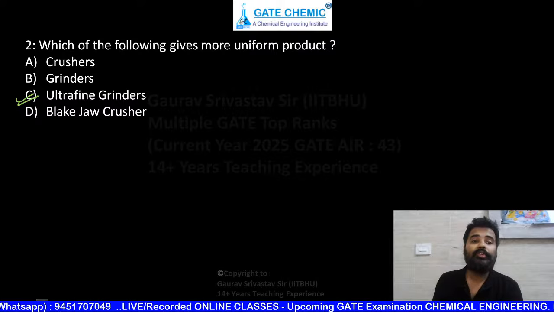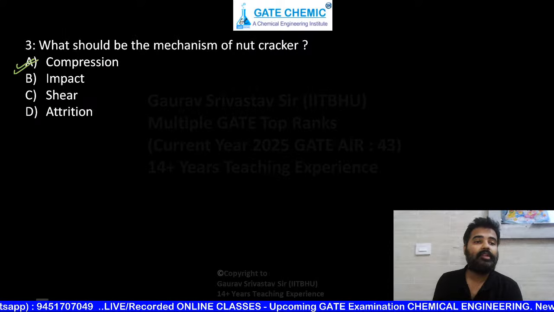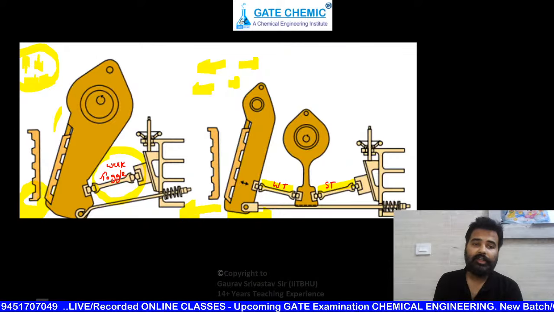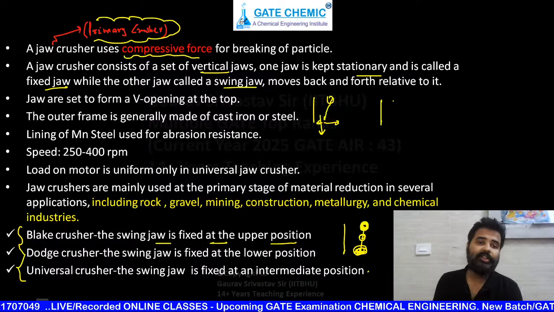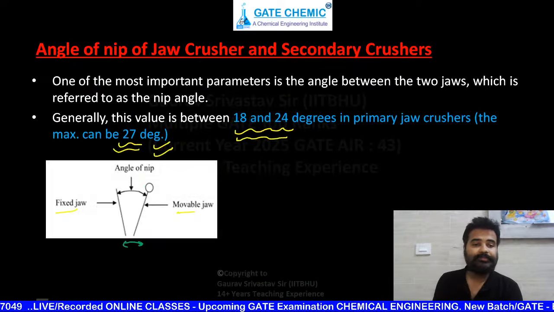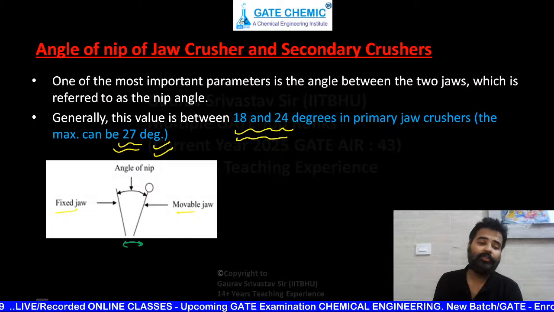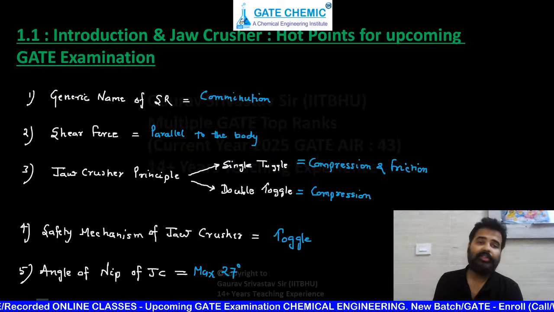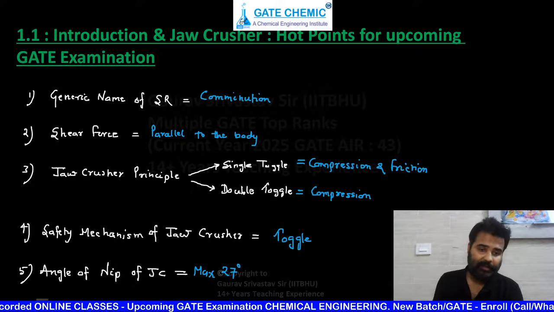Okay, so this one, easy questions are there. Then jaw crusher you had seen, toggles are there, motions are there. Okay, angle of nip of jaw crusher is there. Then comparison you can see in PDF files, and these are important points.